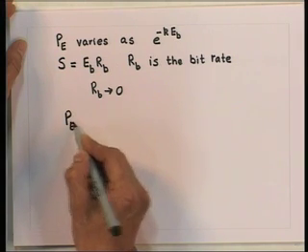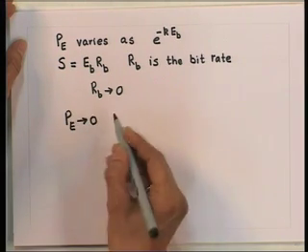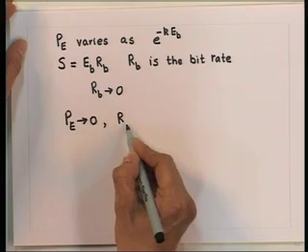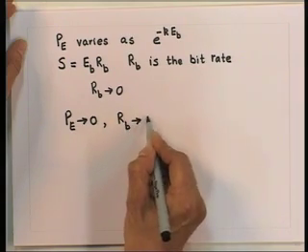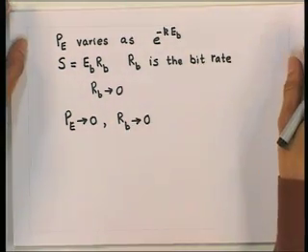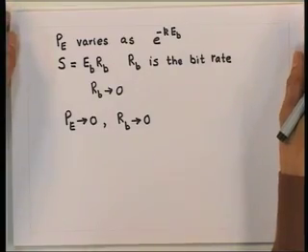So, Pe tends to 0 only if Rb tends to 0. Hence, it appears that in the presence of channel noise, it is impossible to achieve error-free communication. Thus thought communication engineers until the publication of Shannon's classical paper in 1948.